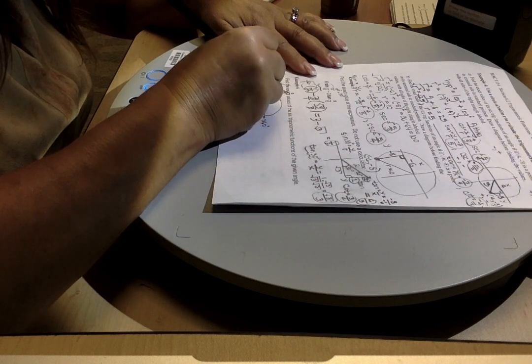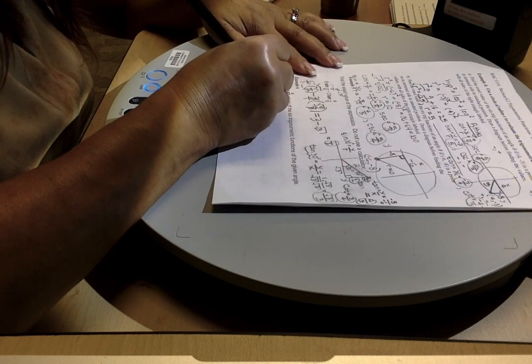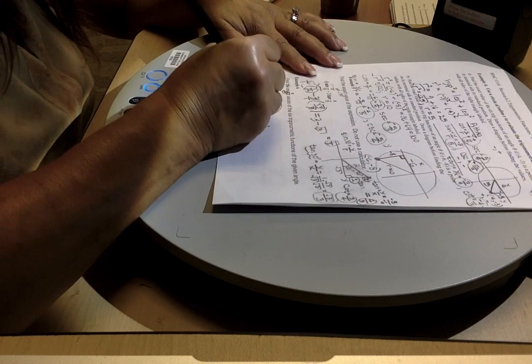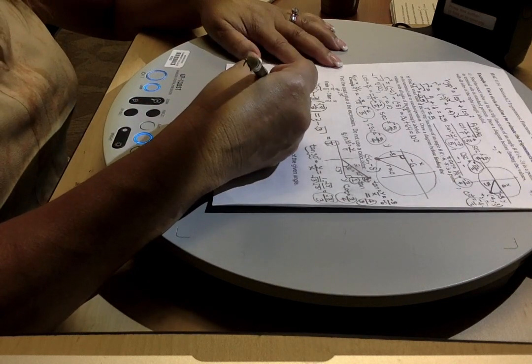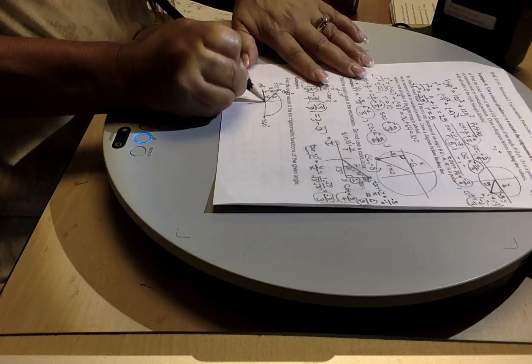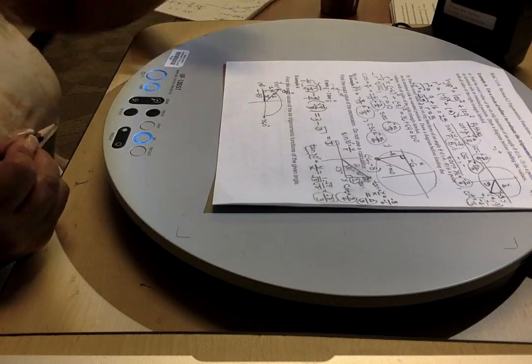This would be your short leg. Hypotenuse is double. Long leg would be across from the 60 that's up here. That would be square root of 3. And this picture is drawn in a quadrant where the x's, that's this leg right here, are negative. The y's are positive. Hypotenuse is always positive.